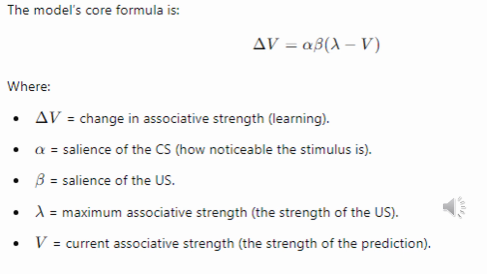So let's look at this example. Imagine you're conditioning a dog to associate a bell with food, right? Pavlov's experiment. Early on, the dog learns this association quickly because the food is surprising. But over time, as the dog predicts the food perfectly, the learning rate slows down. And then if you introduce a light alongside the bell, the dog won't learn much about the light if the bell already fully predicts the food.